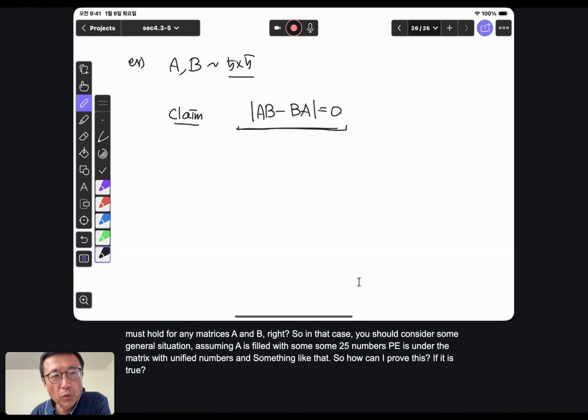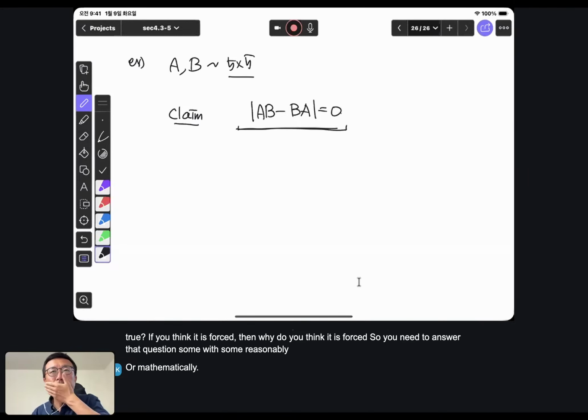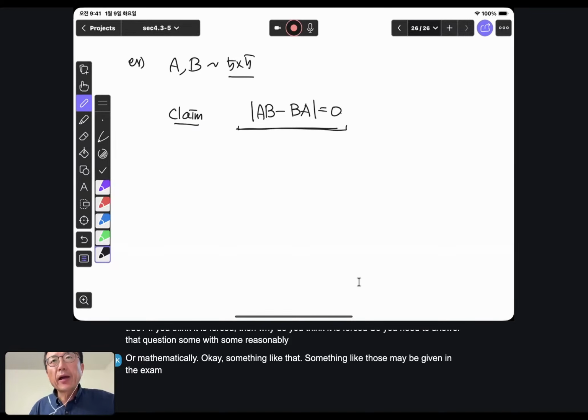If you think it is false, then why do you think it is false? So you need to answer that question reasonably, or mathematically. Something like those may be given in the exam, and those are some examples of the past final exam.